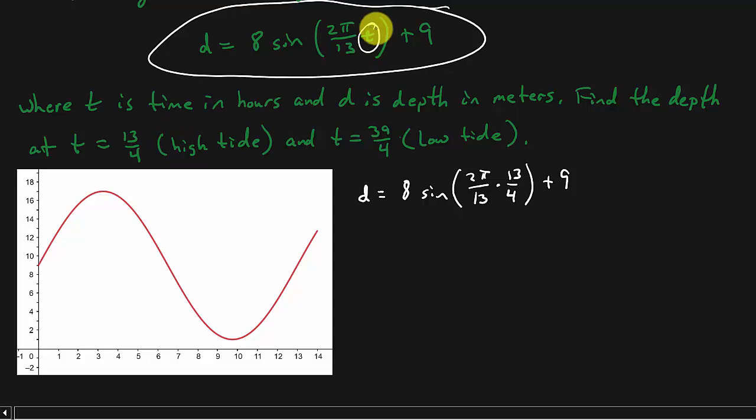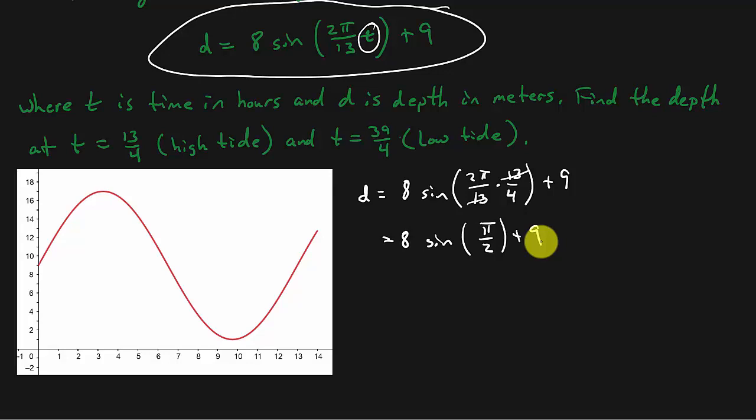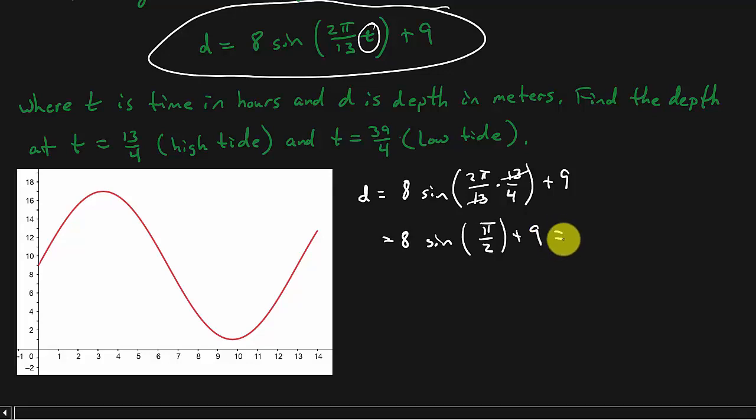So this is going to be 8 times the sine of, look at that, the 13s go out, and 2 over 4 reduces to pi over 2, plus 9. Well, that's one of the ones you've got to remember. Sine of pi over 2, that's sine of 90 degrees. So this is going to be 8 times 1, since the sine of 90 is 1, plus 9, and that gives us 17 meters. That's the depth of the water at high tide.